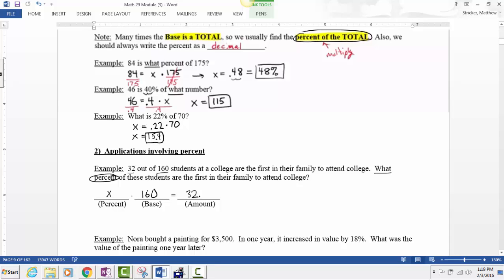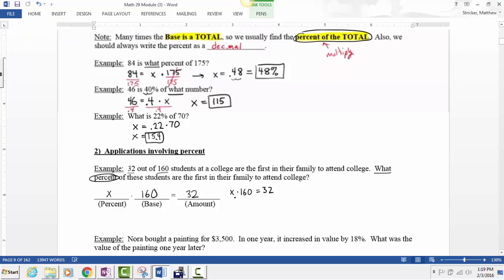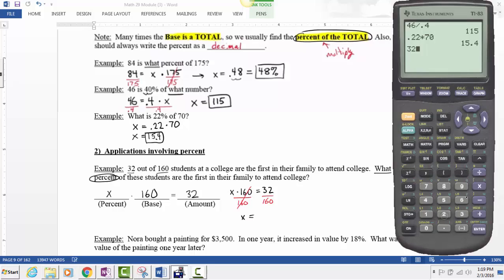So we could go ahead and solve that percent equation. I'm going to rewrite it over here. So X times 160 equals 32. If we would like to solve for X, we need to divide both sides by 160. And then we'll use our calculators the rest of the way. 32 divided by 160 is 0.2.